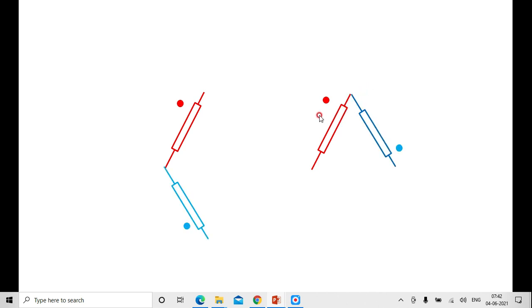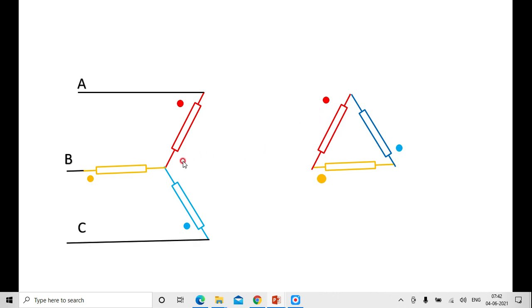I will complete this figure, you can see here. What is the voltage between this point and this point? It is VAN1, the positive sequence voltage. On the secondary side, it is also in phase with this, because both are drawn parallelly.